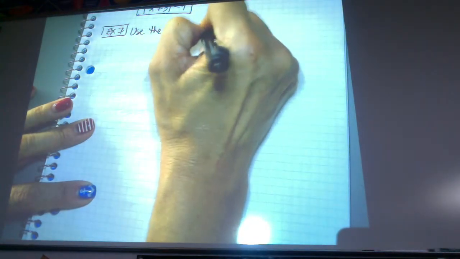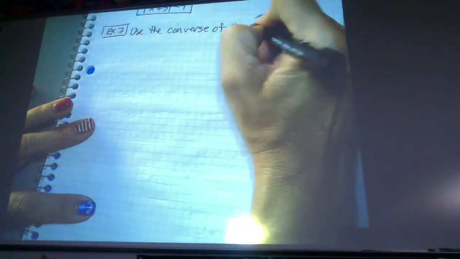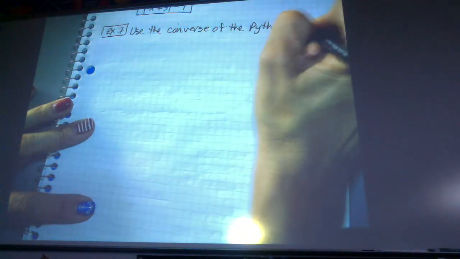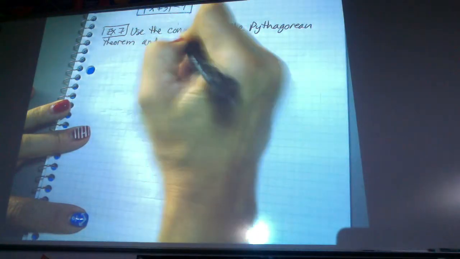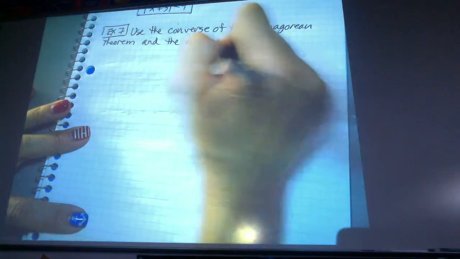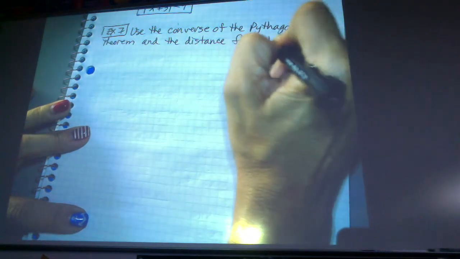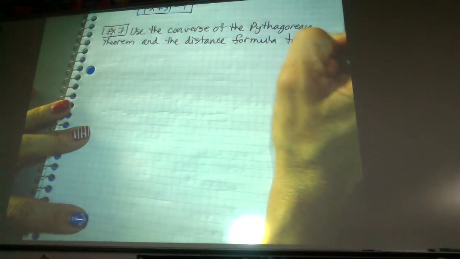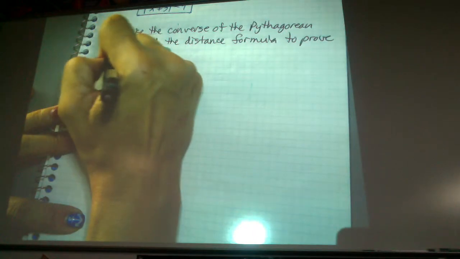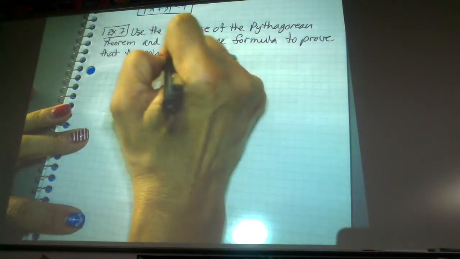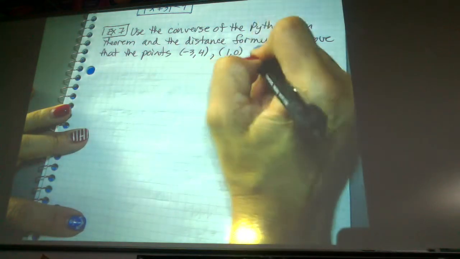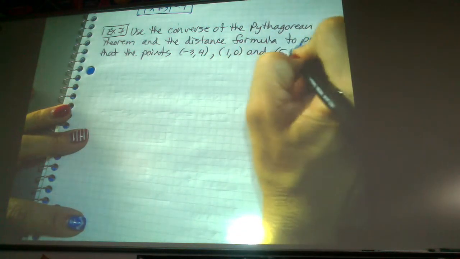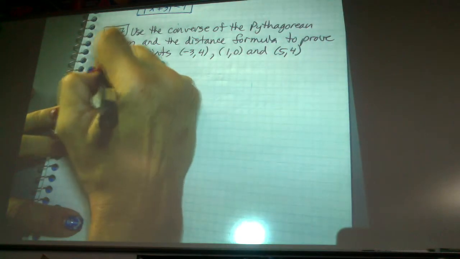Use the converse of the Pythagorean theorem and the distance formula to prove that the points (-3, 4), (1, 0), and (5, 4) make a right triangle.